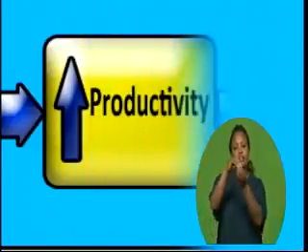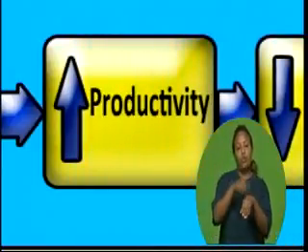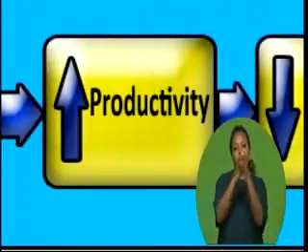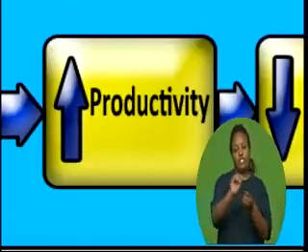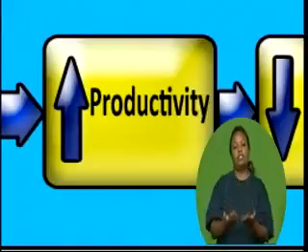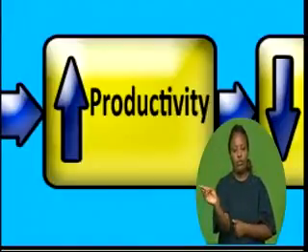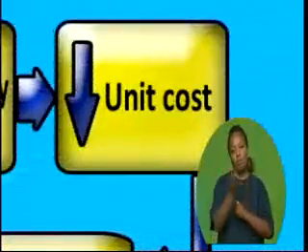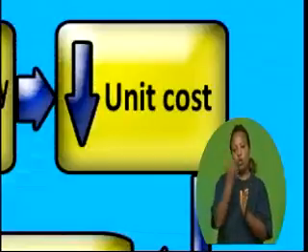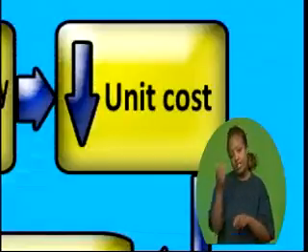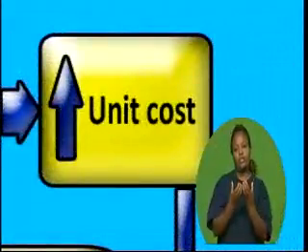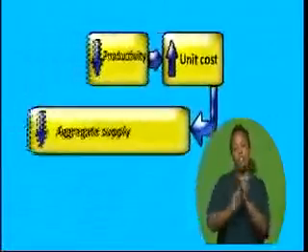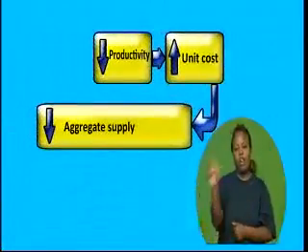Thus, an increase in productivity due to improved technology and or managerial efficiency shifts the aggregate supply curve rightward by reducing per unit production costs. On the other hand, a decline in productivity increases per unit production costs and shifts the aggregate supply curve leftward.